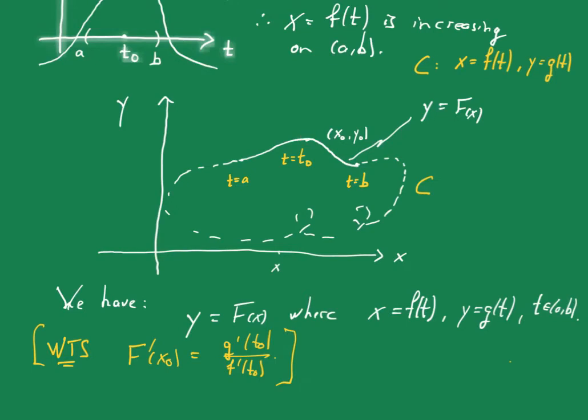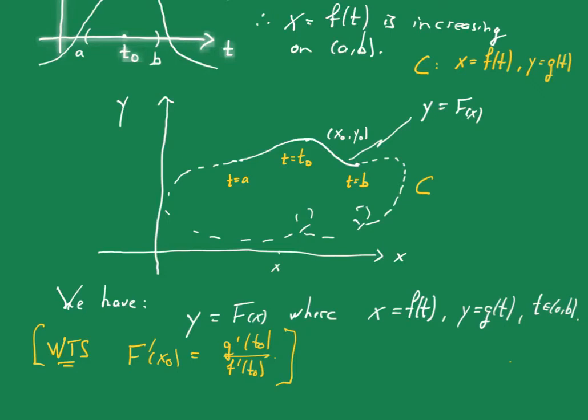We want to show that the slope of our tangent line to C at the point x naught, y naught, which is going to be equal to, given that this is part of y equal to capital F of x, capital F prime of x naught, the derivative of capital F evaluated at x naught, is equal to g prime of t naught over little f prime of t naught.